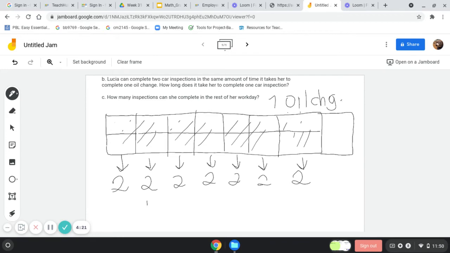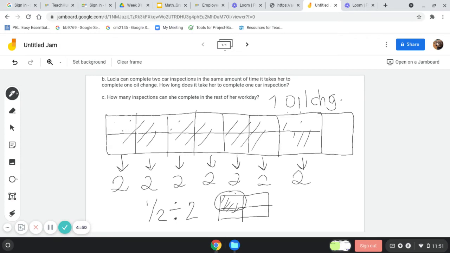Okay, so once we do that, what we did was we took a half hour, which is what is required of her to do an oil change, and we divided it by 2. So if I took a half and divided it by 2, I'm left with 1/4.